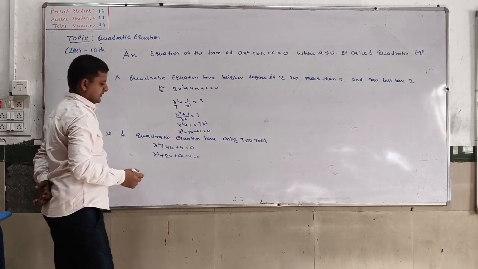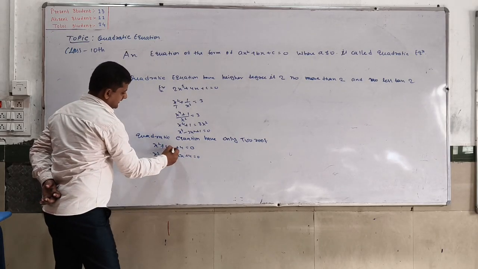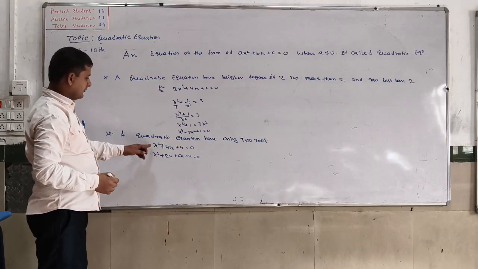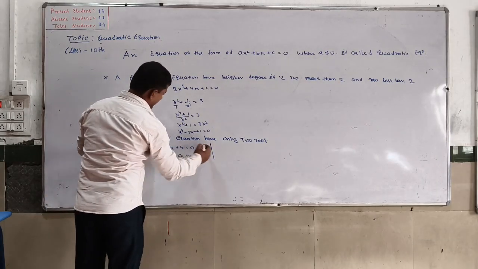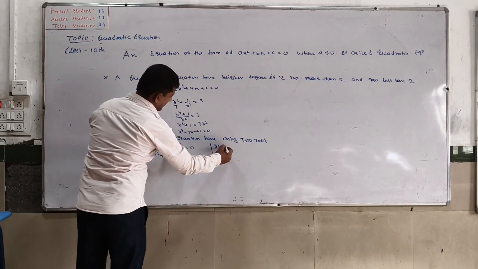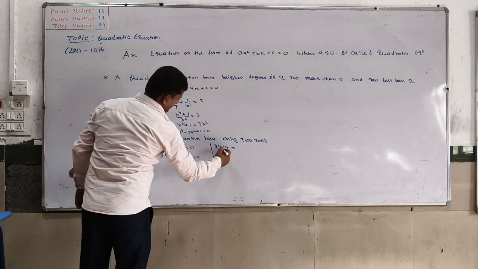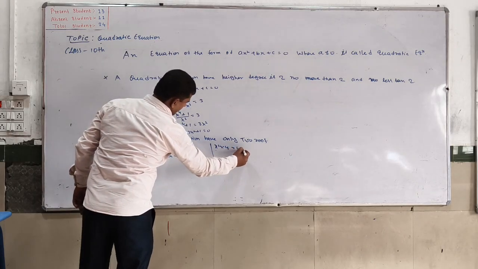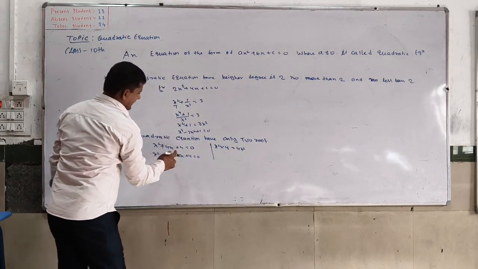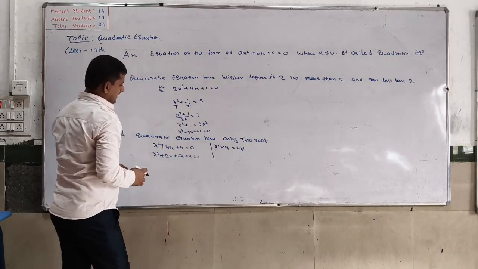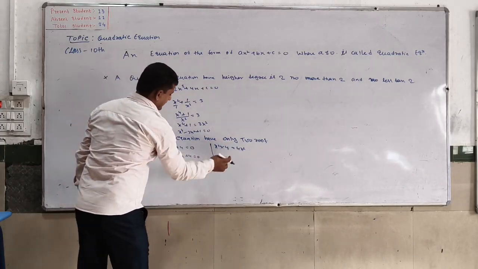The splitting method means we split the middle term. First, x square multiplied by the last number, 4, gives 4x square, and we split the middle term in this form.